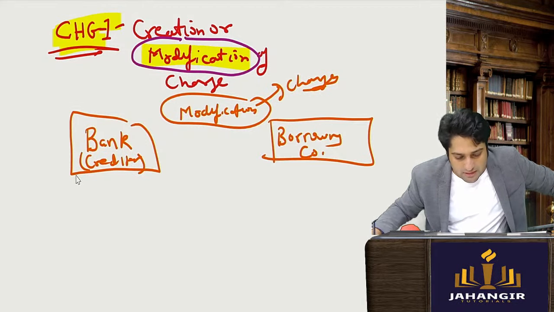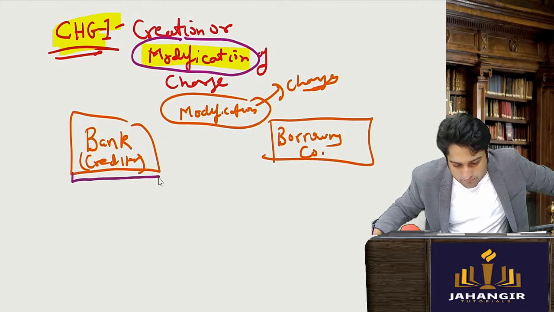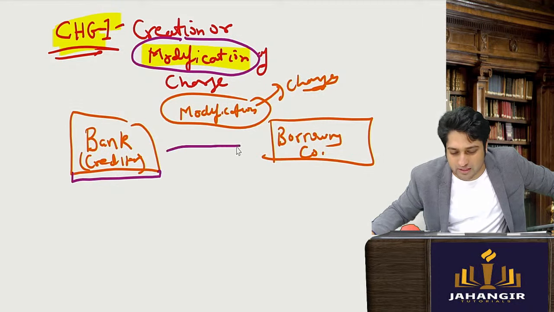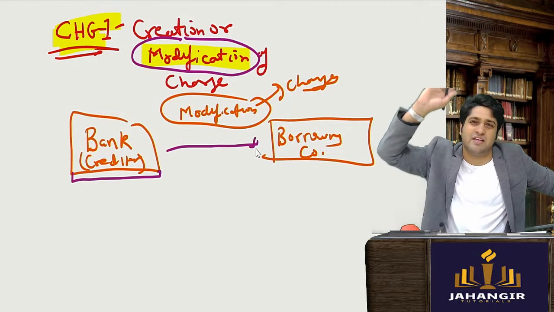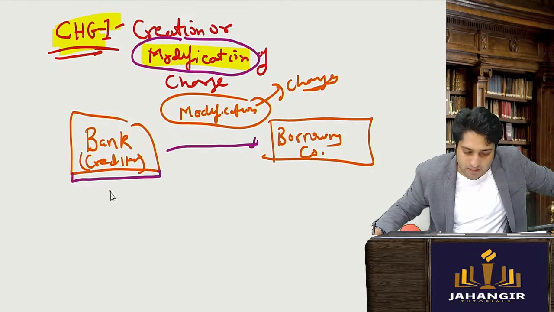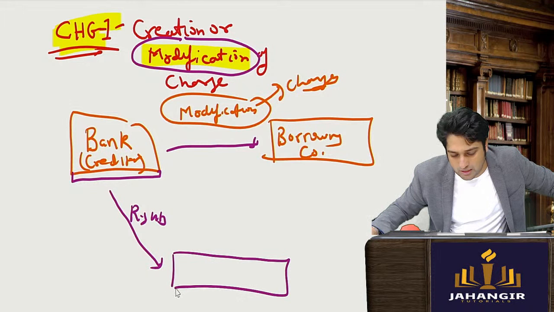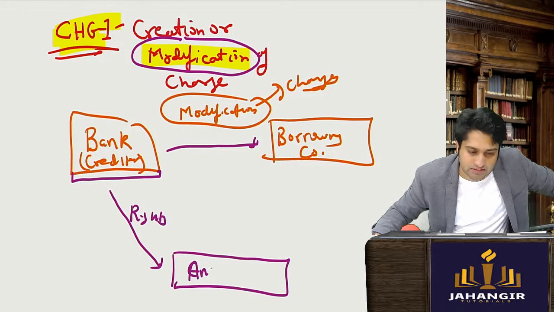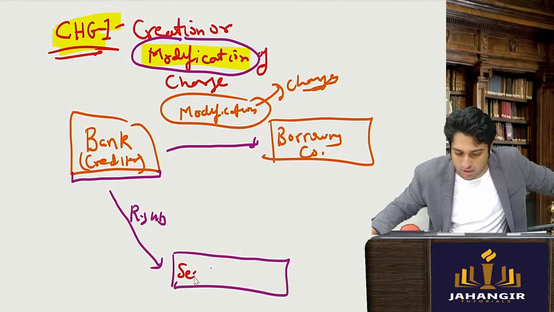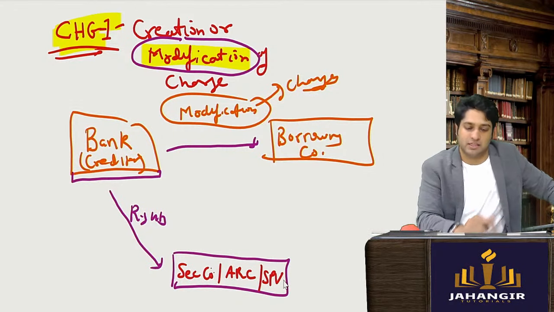This bank realizes that it's a 35-year-old loan. Might as well I transfer my rights to another entity. These companies who buy these borrowers are called securitization companies or asset reconstruction companies. Some call it a special purpose vehicle, etc.